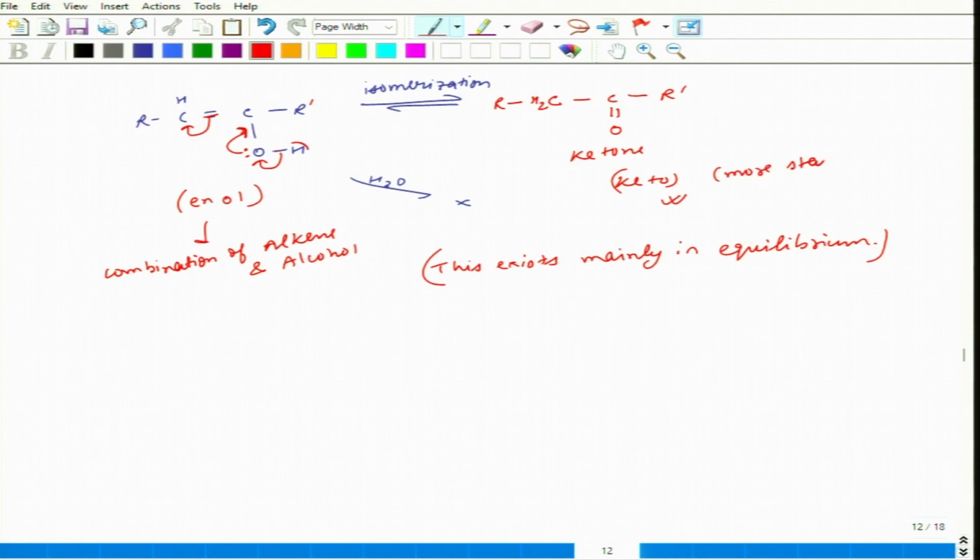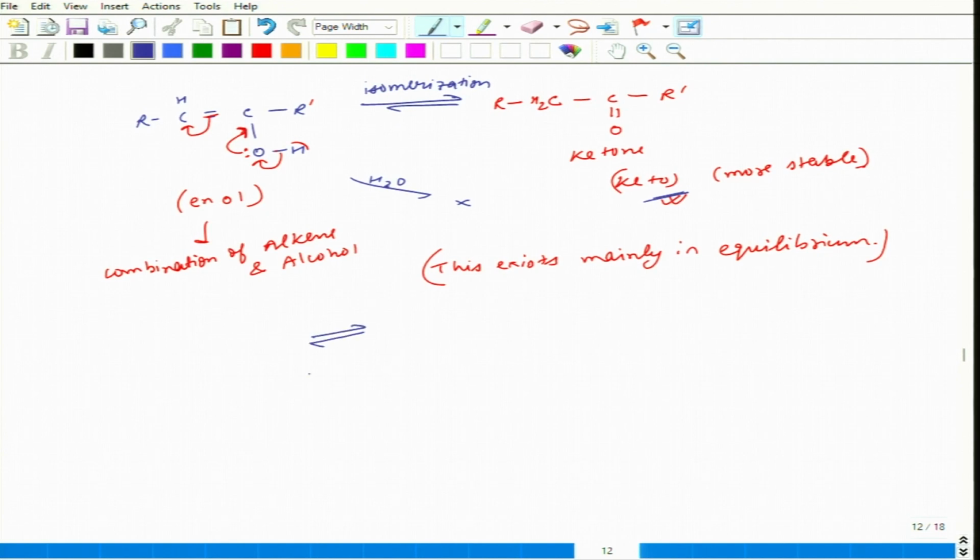Why it is more stable, you will study in later classes. That's why I've shown the arrow towards the ketone form bigger as compared to the arrow towards the enol form. So this is how we show the equilibrium arrow.